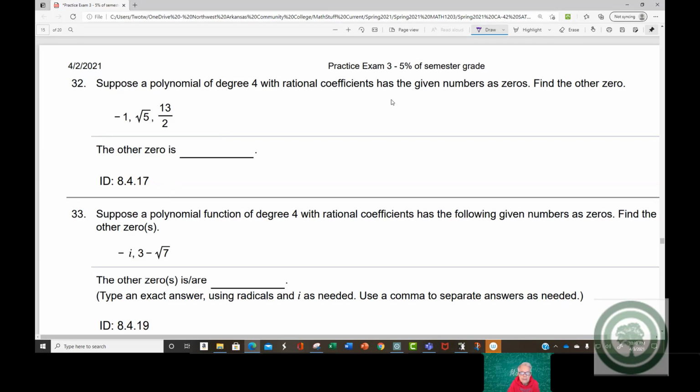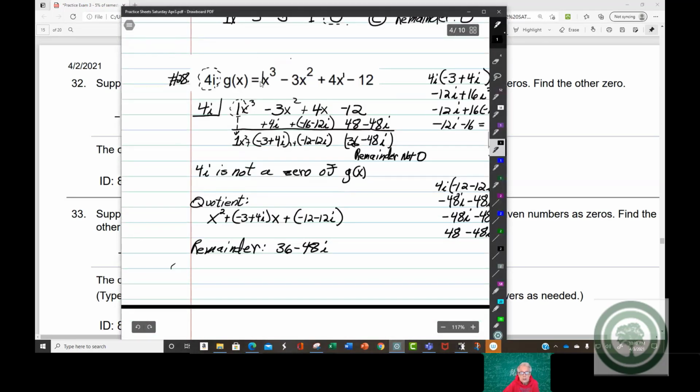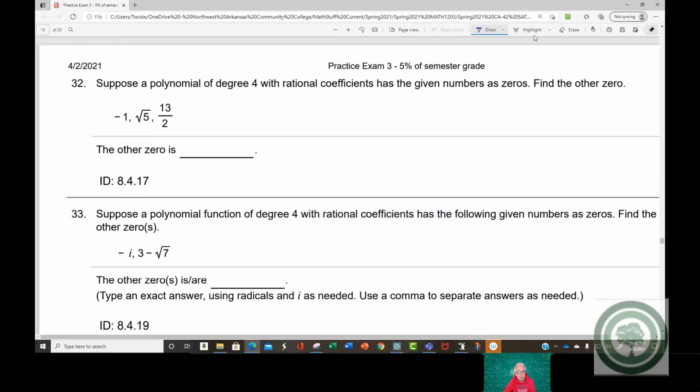All right, so if I can guarantee that the coefficients in a polynomial will look more like this and not like that, then there are going to be some things that have to be true.